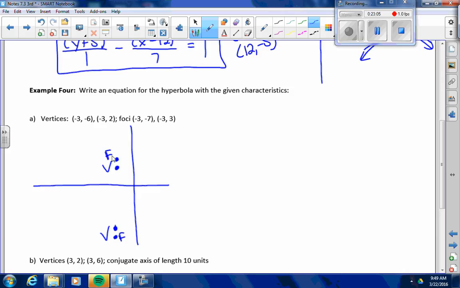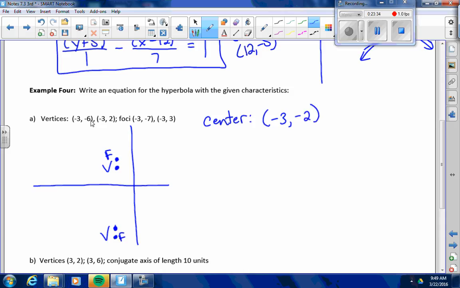So just by knowing that, which direction is this opening? Up and down, right? It's opening up and down. What else can we get from this? What do we need? We need the center. So where is the center located? Negative 3, comma, negative 2.